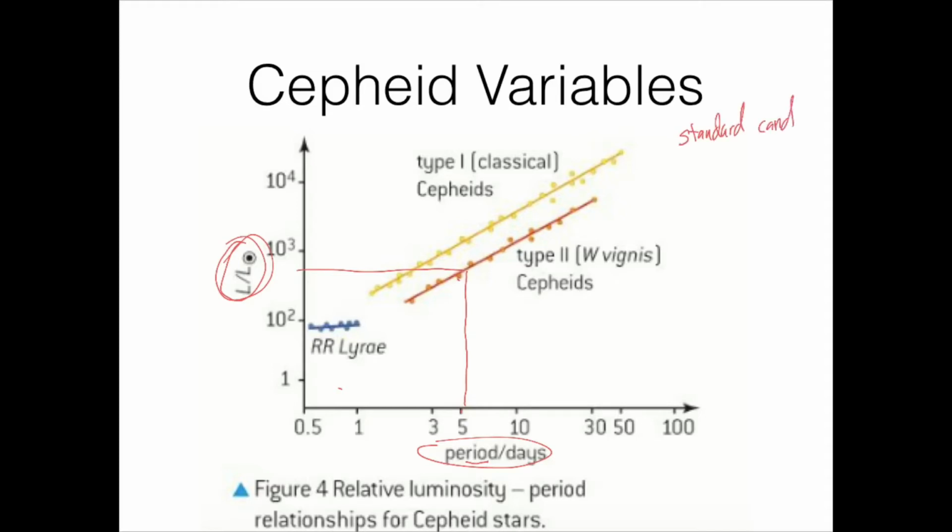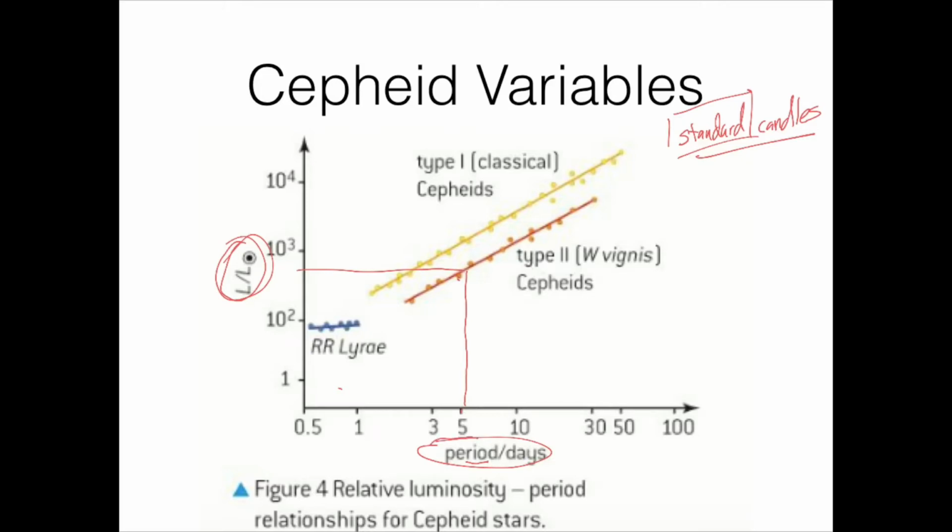Now because of this, these are often called standard candles. Okay? They are used as a standard to help us find distances throughout the universe. Okay, now this is really, really cool because now I don't need to measure all those other pieces of information. All I need to do is find a Cepheid that's changing its period.